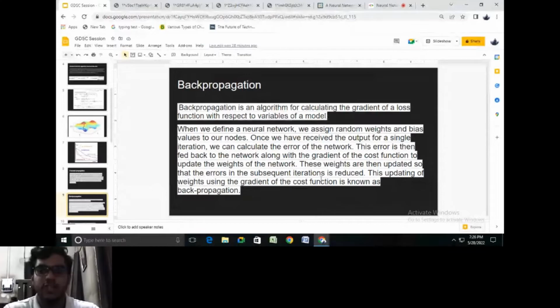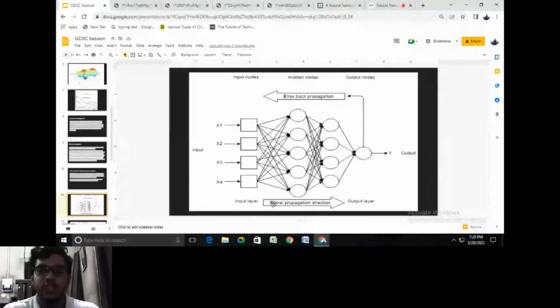Here is one simple neural network where it is illustrated how forward propagation and backward propagation take place. Here the signal propagation direction is the forward propagation. Here the error back propagation is shown, and in the middle, these two layers are what we call the hidden layers.